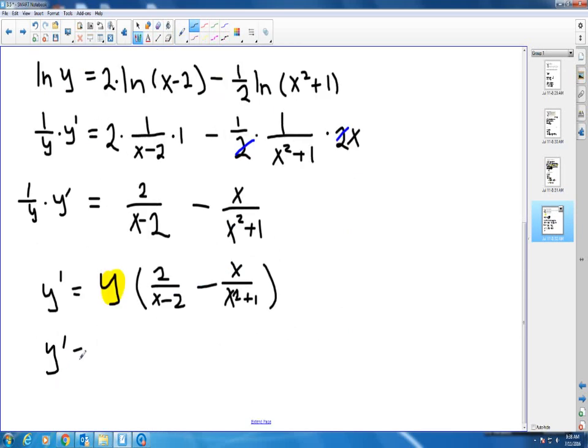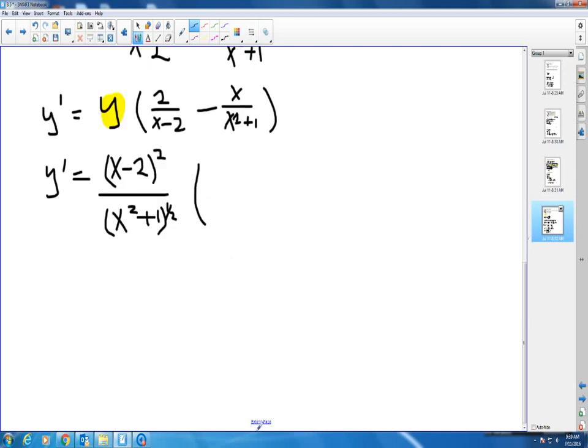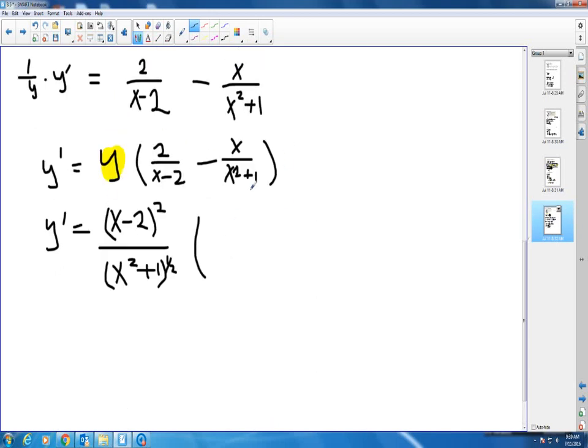So that will be y prime equal to the original problem itself, x minus 2 squared over, I'm going to write the square root of x squared plus 1 as x squared plus 1 to the half power, times, I'm going to go ahead and subtract what's inside my parentheses here.